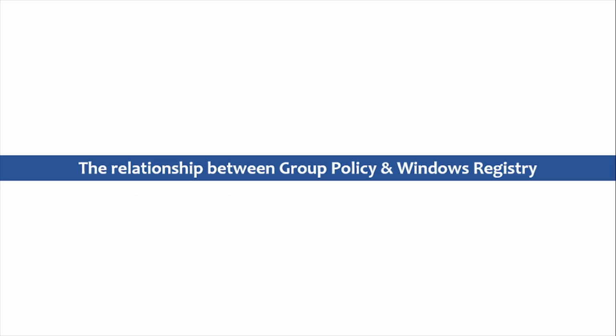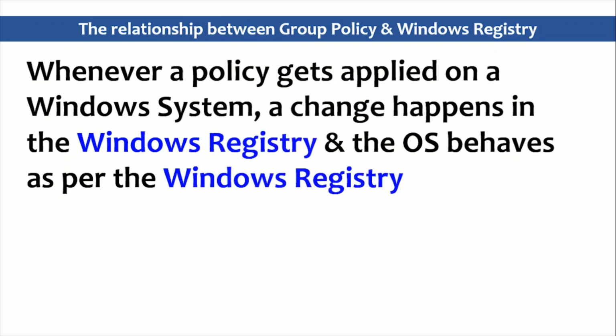So let us understand the relationship between a group policy and Windows registry. Whenever a policy gets applied on a Windows system, a change happens in the Windows registry and the operating system behaves as per the registry.